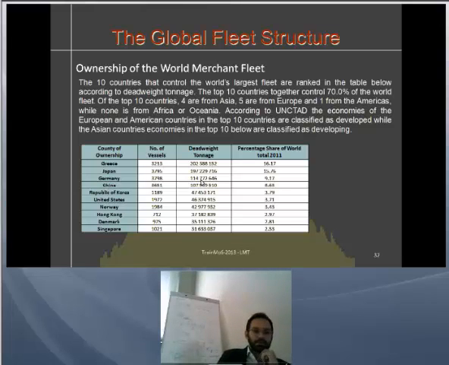Four of them are from the Far East, while 5 come from Europe and 1 from the Americas. So these are the more developed countries, while we have none of them from Africa or Oceania.